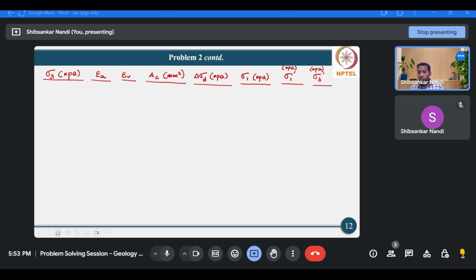So we'll first consider the case of undrained, with confining pressures 200, 400 and 600.